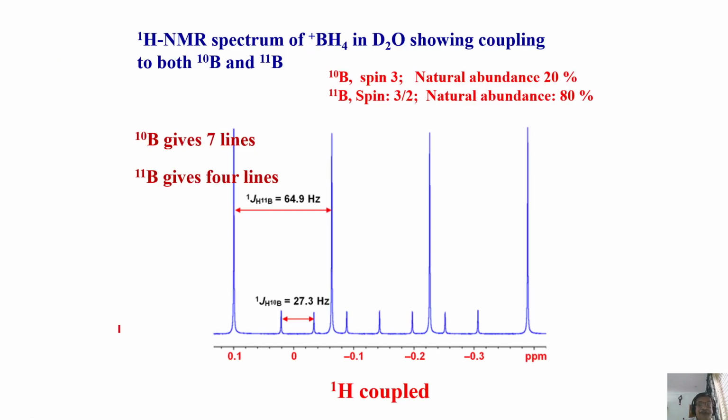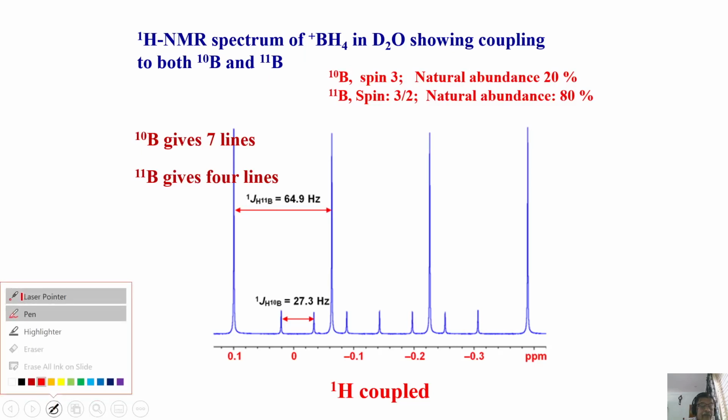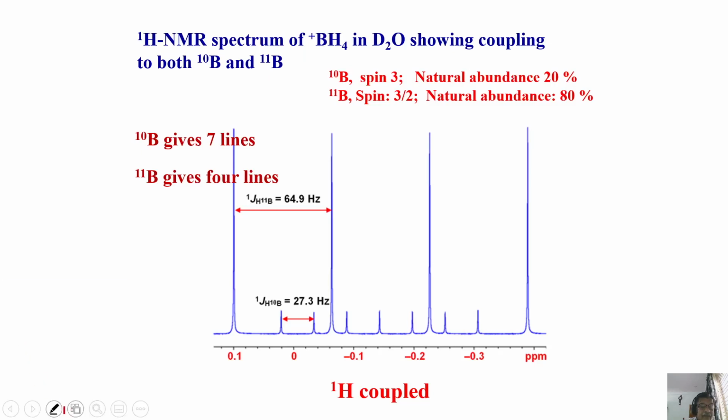What we are seeing is that the 1H NMR is coupled to boron. When you are observing boron, you are seeing coupling to H4. We got that 1:4:6:4:1 intensity pattern.